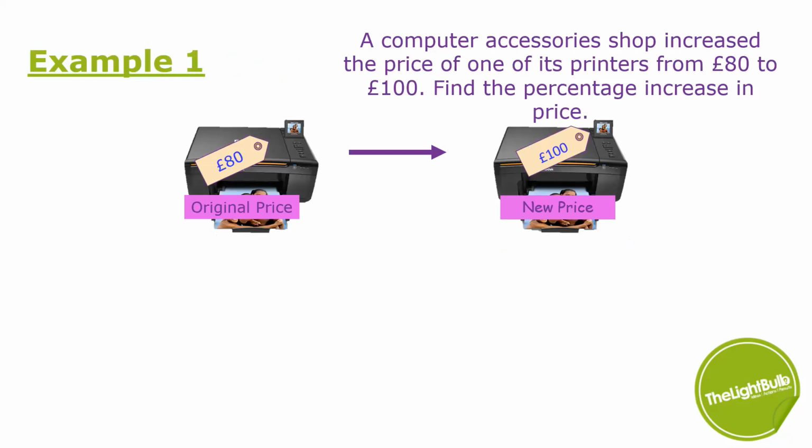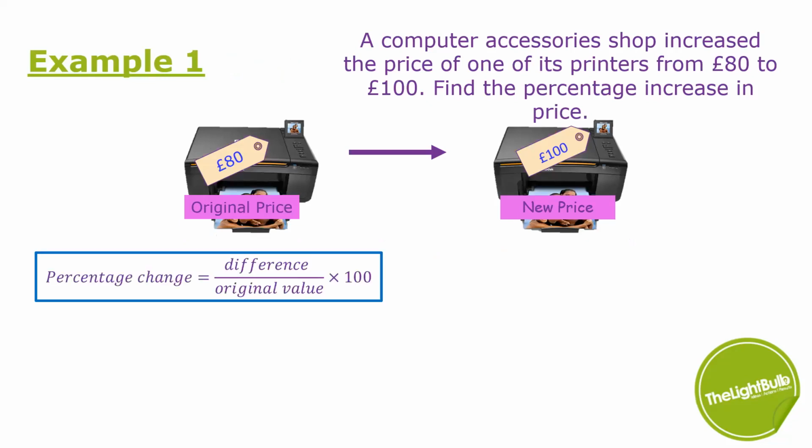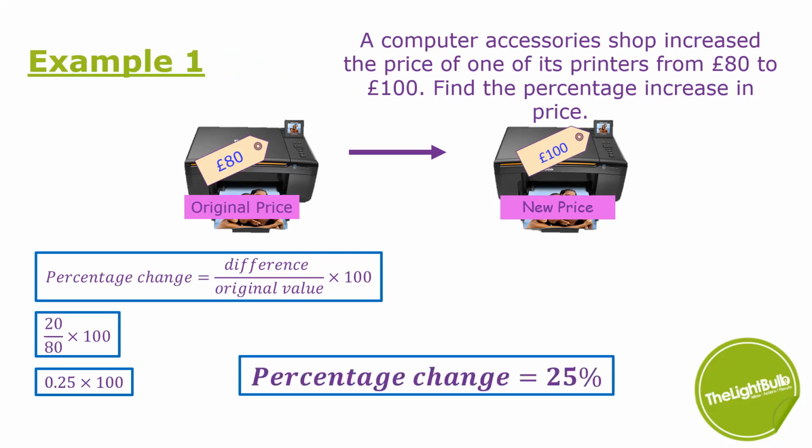So in the case of the printers, it's the difference between the two values, which would be £20, divided by the original value, which would be £80, and then times 100. So 20 divided by 80 is 0.25, times that by 100, and we have a percentage change of 25%.